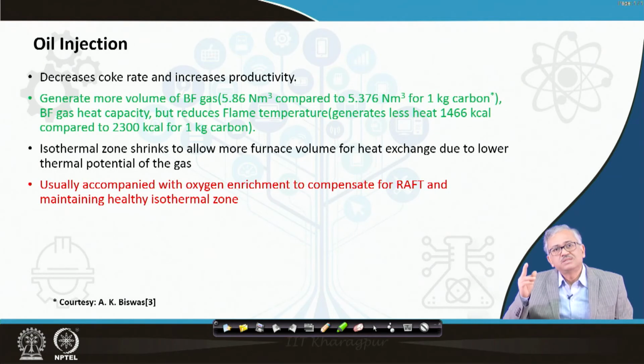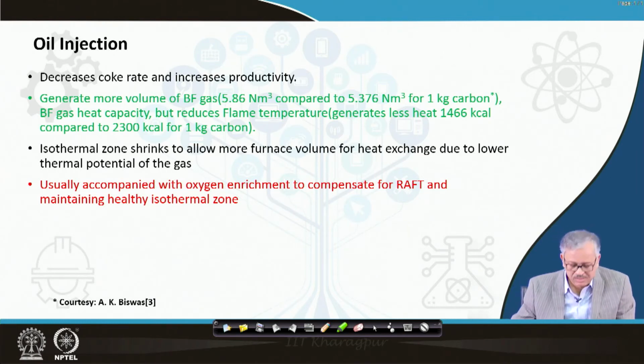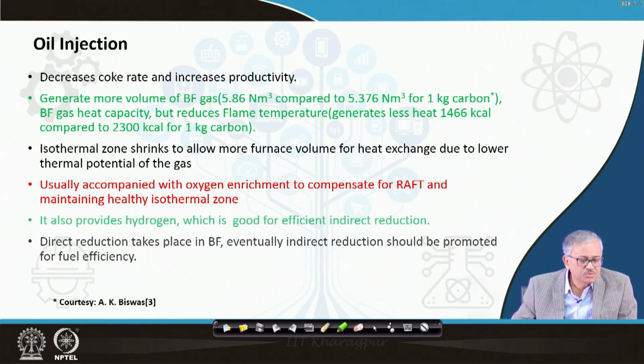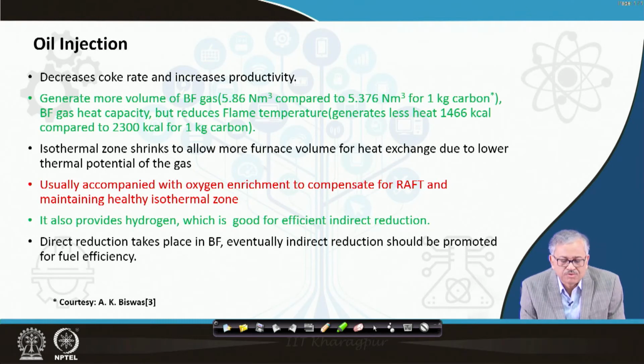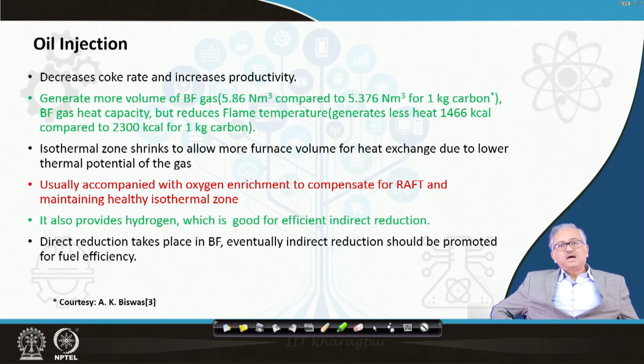Similarly, the decrease in heat capacity of the gas by oxygen enrichment can be compensated by the increase in heat capacity of gas by oil injection. So, they are basically complementary to each other, and you have to do both. And oil injection provides hydrogen, which is good for efficient indirect reduction. Direct reduction takes place in the blast furnace. And one very important thing is that direct reduction in the blast furnace eventually takes place because in the lower part the temperature is very high and carbon is there.